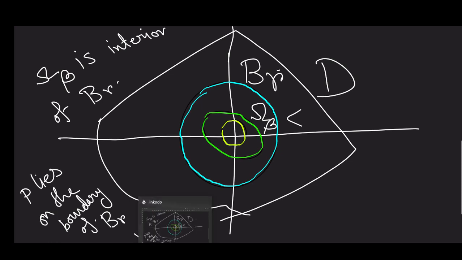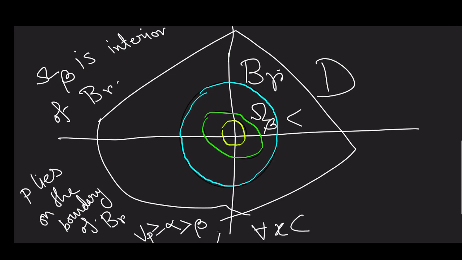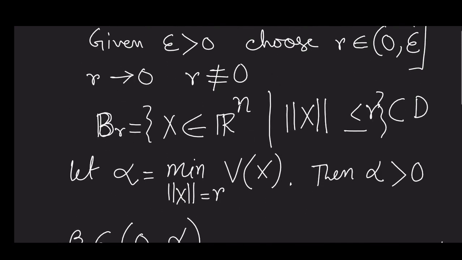But if you recall, for all x belonging to omega b, this region, Vx is less than or equal to beta. So there is a contradiction. Now hopefully you do not understand the contradiction, so let me once again go back to the definition.